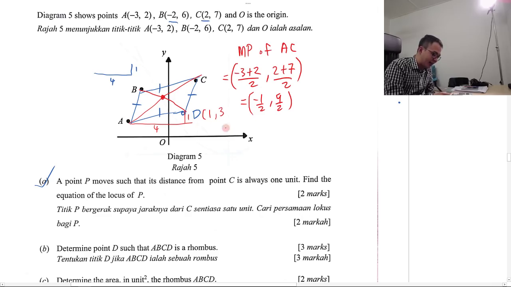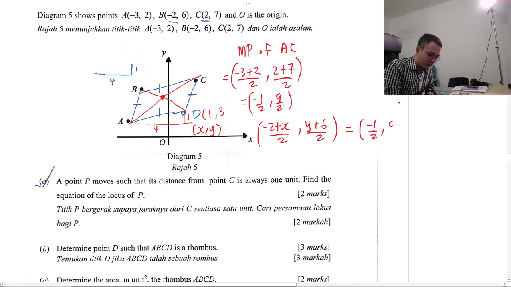So since we know AC and BD have the same midpoint, just assume I do not know D, I'm going to call it x, y. B I know, so negative 2 plus x over 2, comma, y plus 6 over 2 should equal the same midpoint, negative 1 over 2, 9 over 2.